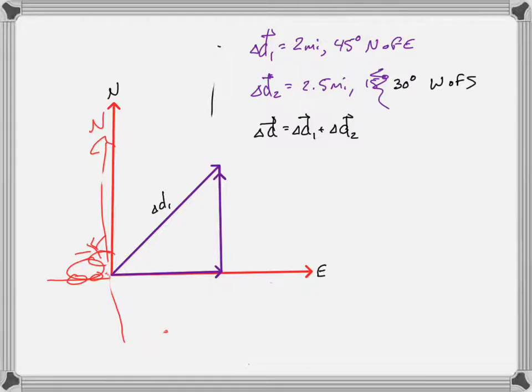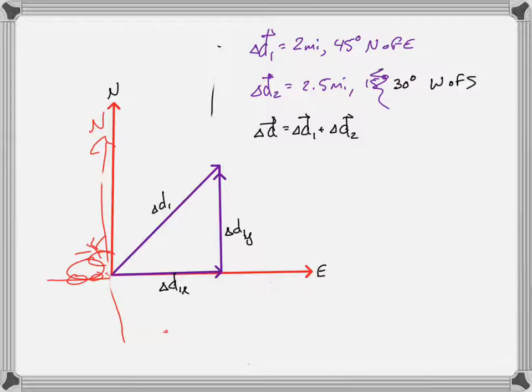So the x component plus the y component equals the resultant, which in this case is just delta d1. Okay, so this is delta d1 sub x, and this is delta d1 sub y. So those are our x and y components.